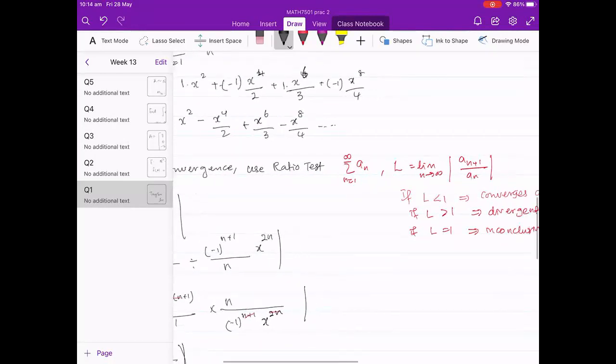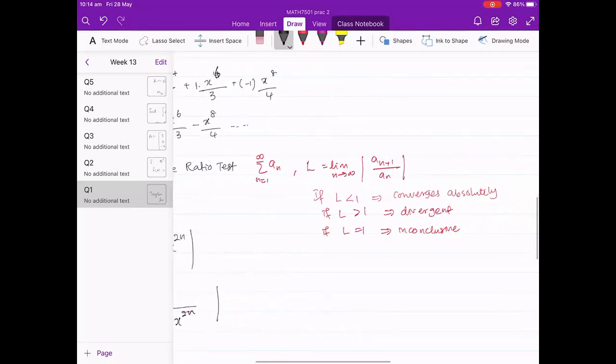Okay. And for the sum, using ratio test, let L be the limit. If it is ratio test, it is the limit of the absolute value of a_(n+1) divided by a_n. Then it converges if the limit is less than 1, or diverges if it's more than 1.